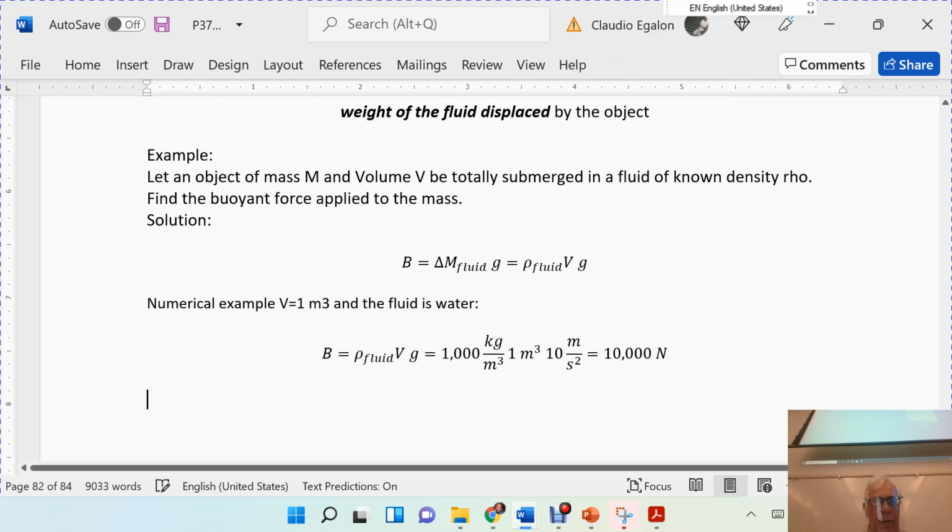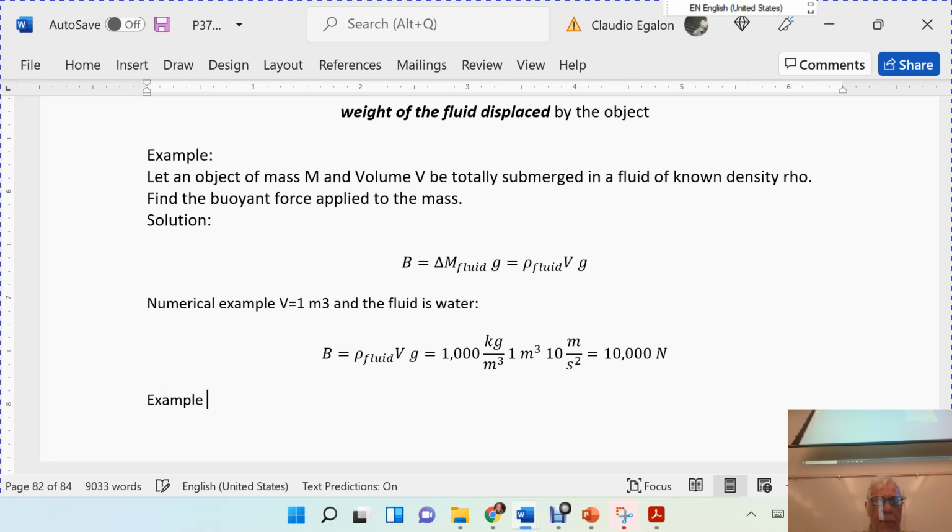Now the question is, another example. An object sinks underwater.